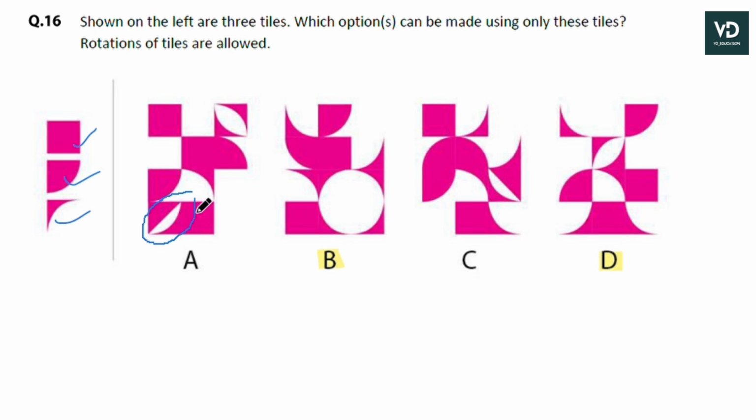We can see they provided a triangle here, but we don't have a triangle tile, so this will be the incorrect option. Same in C, they have provided a triangle tile here, but we don't have a triangle tile, so this will be the incorrect option.